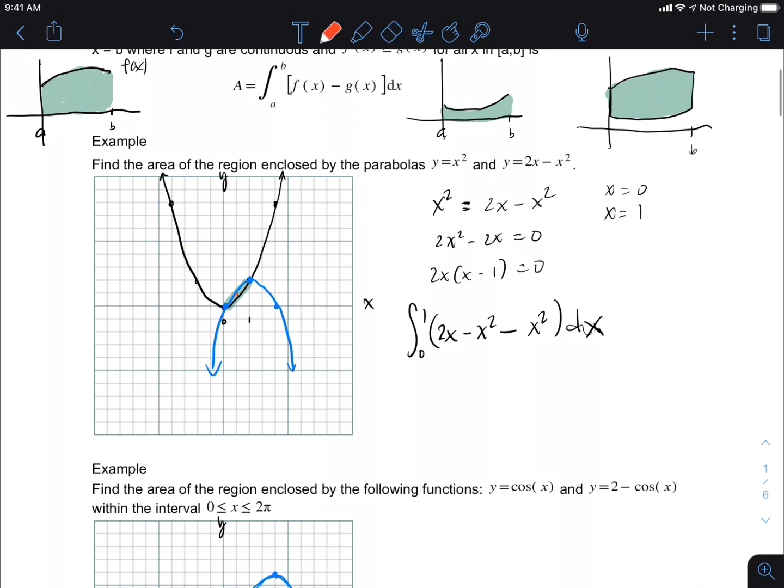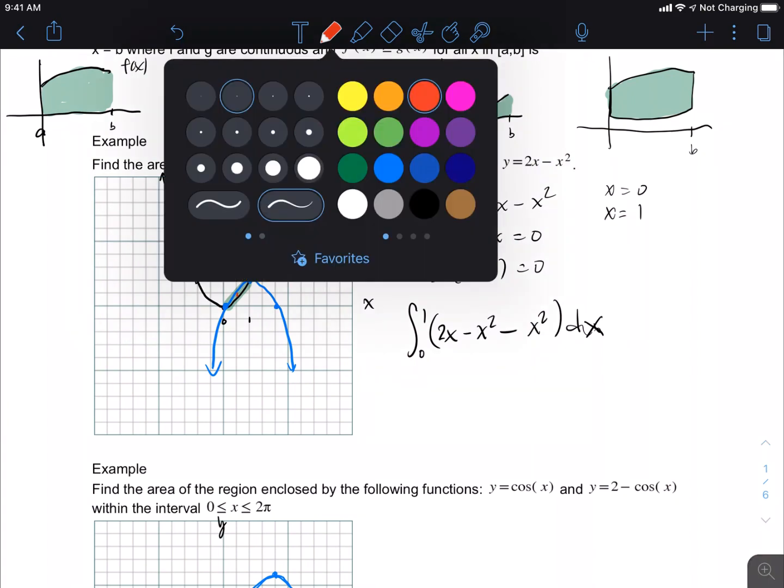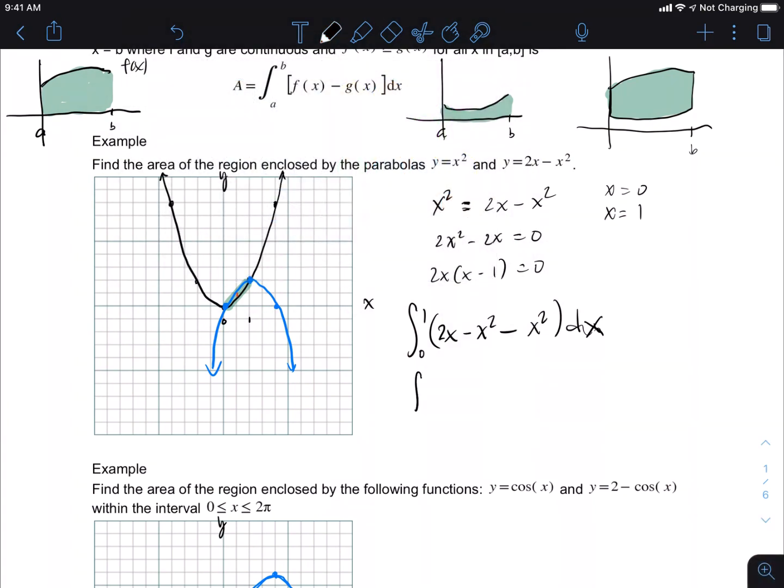So then we can clean this up, right? Oopsie daisy, I don't want everything in red. So I'm going to get from 0 to 1, I'm going to pull out the 2. And I'm going to get x minus x squared dx, correct?